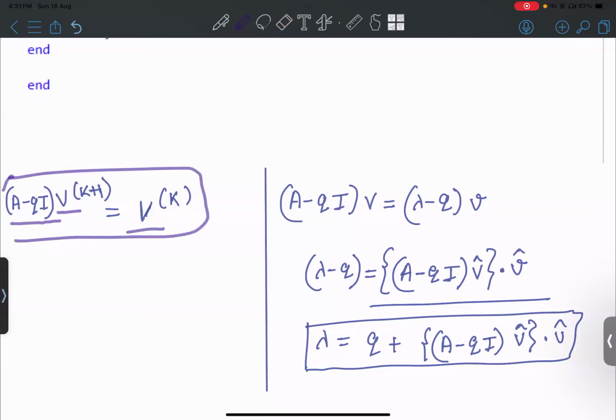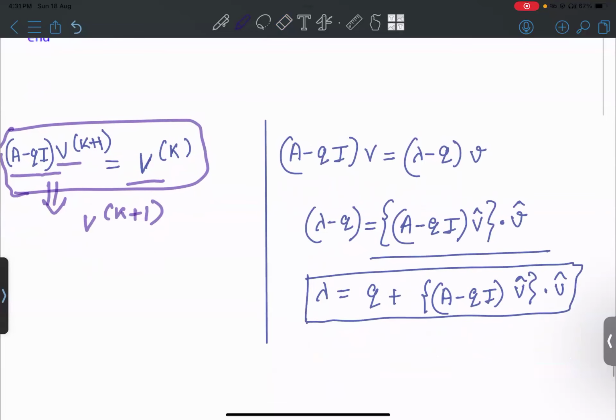This is my system of linear equations. From here I will find v at the k plus 1th iteration. Then how will I find the lambda? I can find it using this formula: (A minus qI) v equals (lambda minus q) v. This is my shift in the function.